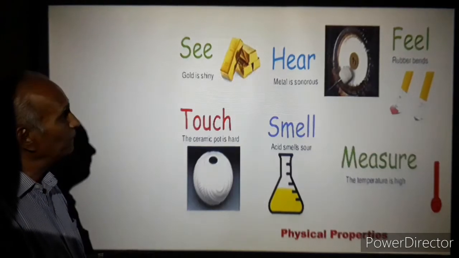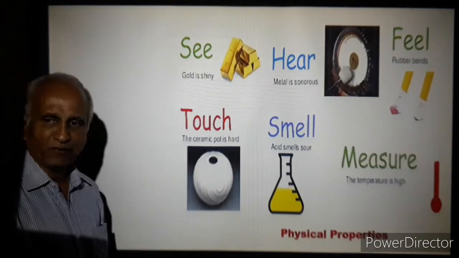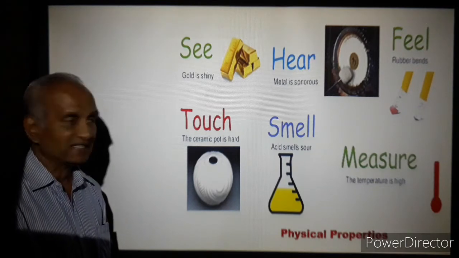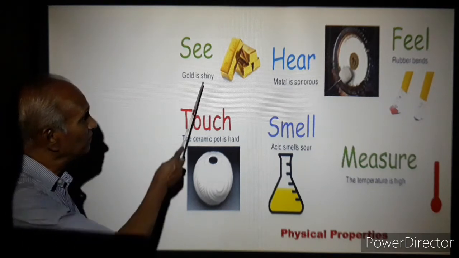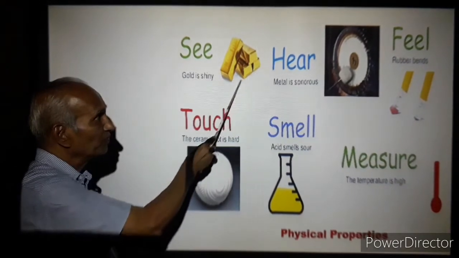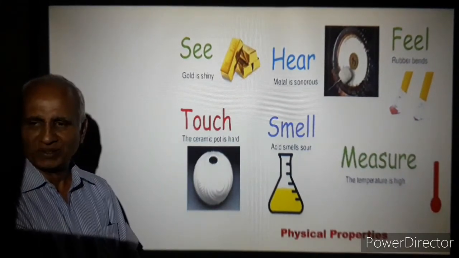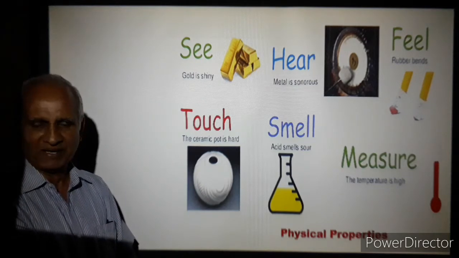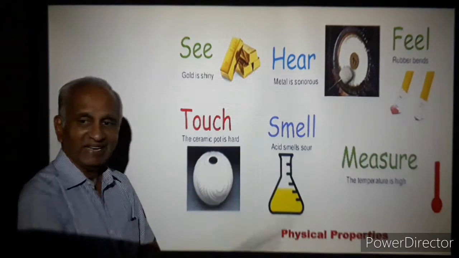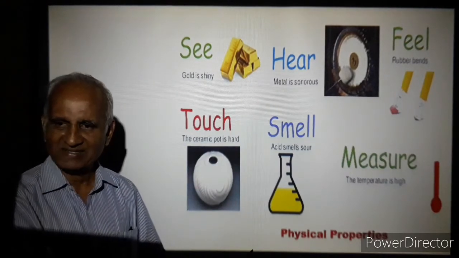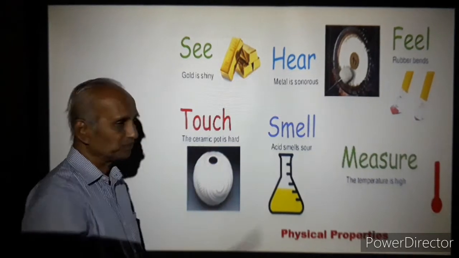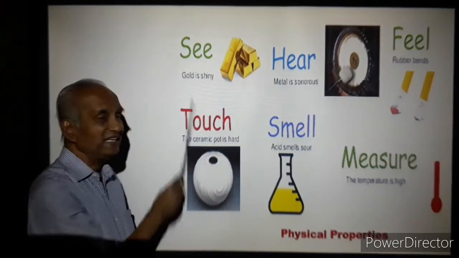Next, here you have a number of examples for physical changes. See, now this is gold. How do you say it's gold? It's a picture ultimately, but this shining, the luster it has makes us believe that it is gold, because gold is shiny.